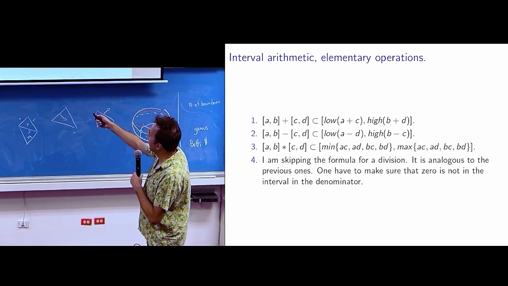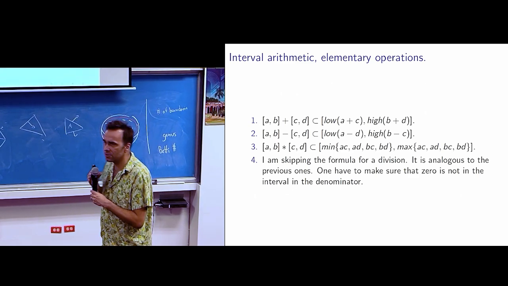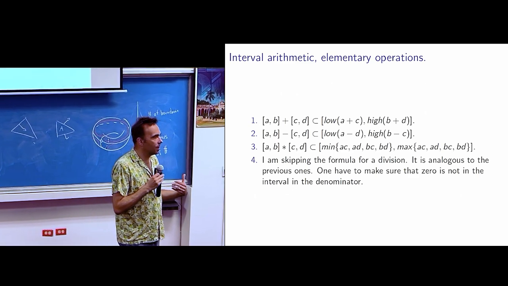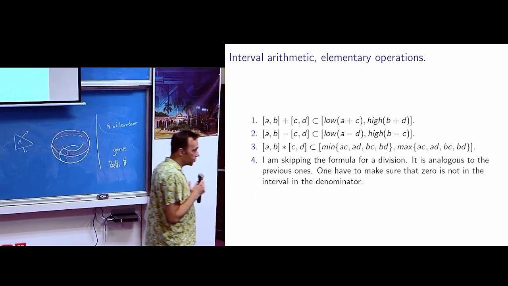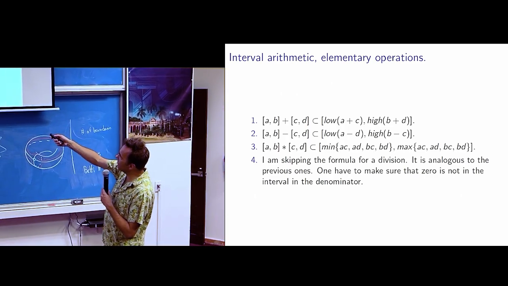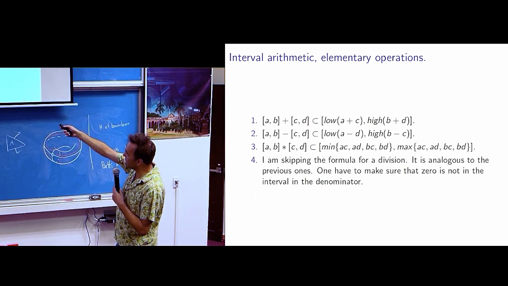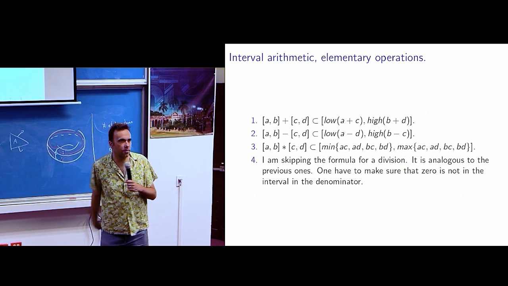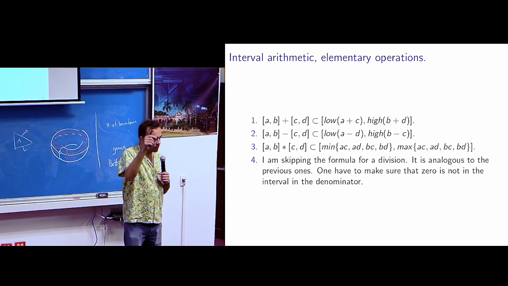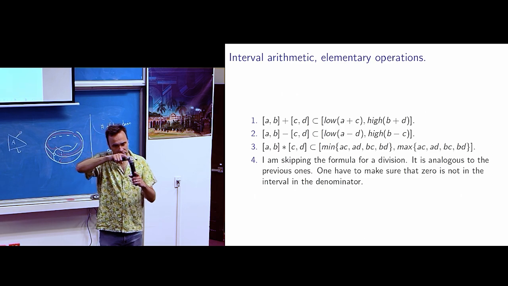I have A and C, and I want to add them. In the ideal world, I just say A plus C. It may happen that A plus C is not representable in the computer, so what I want is the largest representable number that is just before A plus C. My processor will know, because it has more digits of precision, and I'm just asking it.